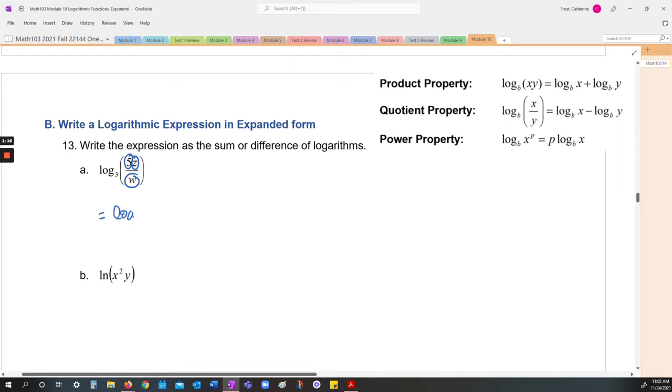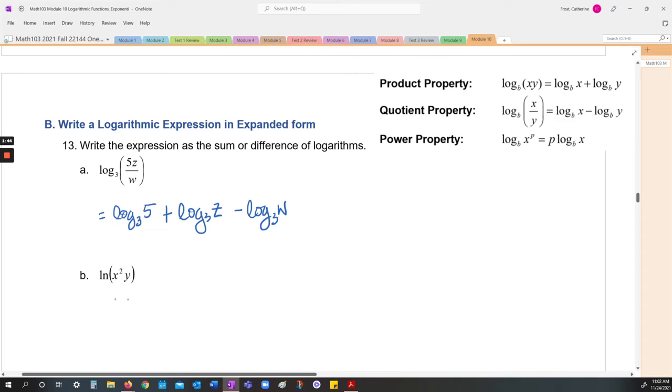So log, and they're all going to be base 3, of 5 plus log base 3 of z minus log base 3 of w. And in a little bit, we're going to go backwards, and we're going to start with something like this, and we'll combine them back using these product and quotient properties.